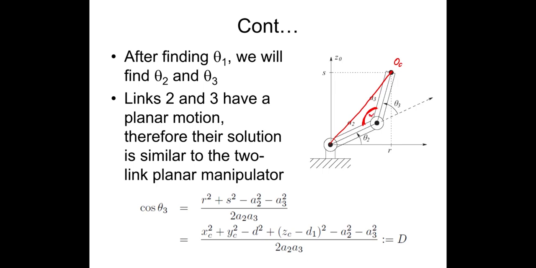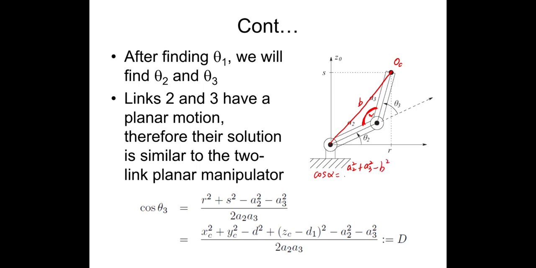Let me call it alpha. So cosine alpha, if we take a look at this triangle, equals A2 square plus A3 square minus this, let me call it B, minus B square.